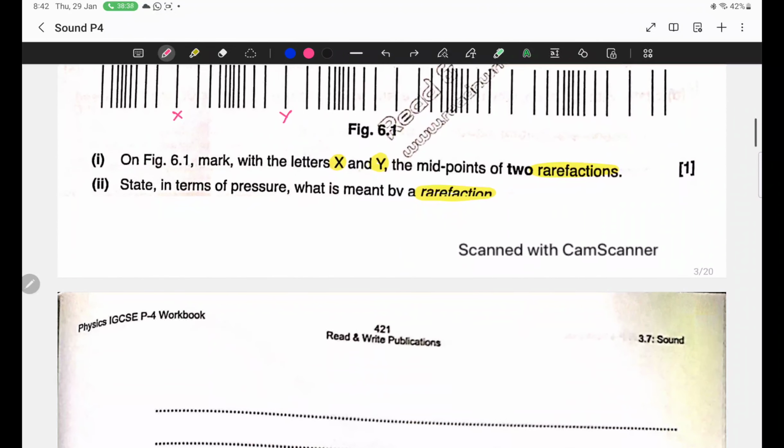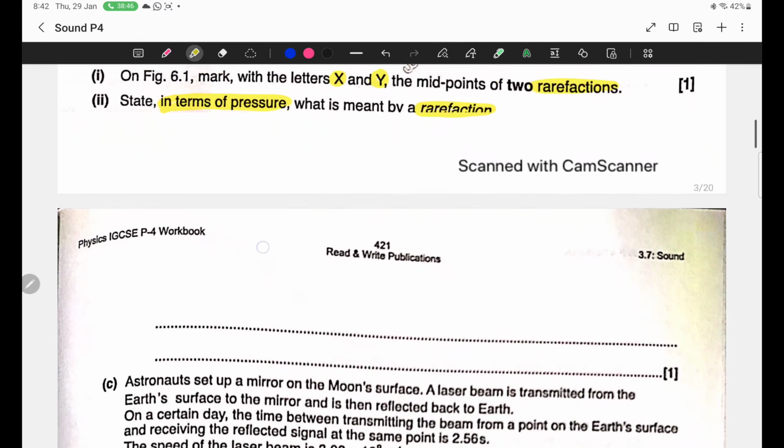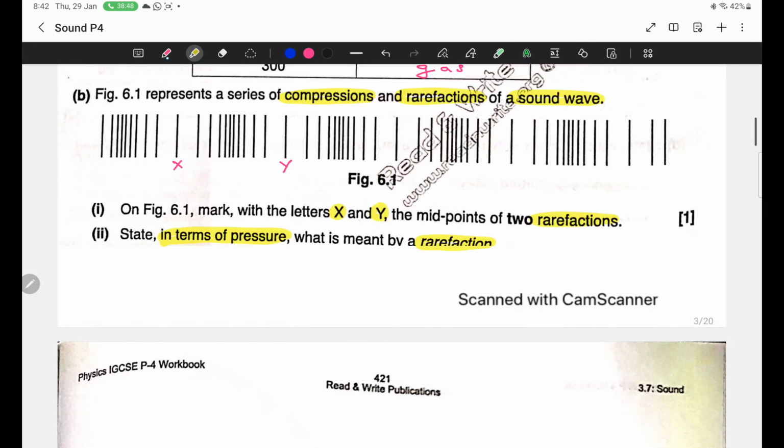And now the question is, what is meant by rarefaction, and you have to explain in terms of pressure. Remember, in compression particles are very close to each other, but in rarefaction, sir, particles are at a large distance. And when particles are at a large distance, then obviously there will be low pressure.